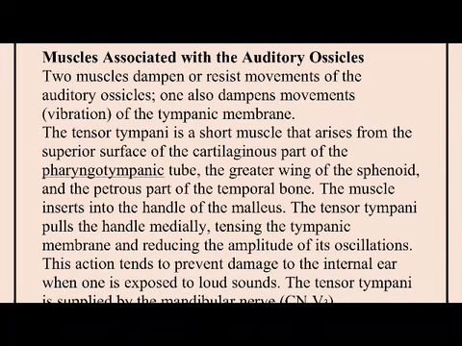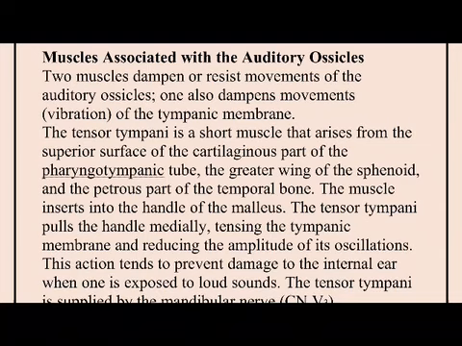This is a short muscle that arises from the superior surface of the cartilaginous part of the pharyngotympanic tube. It also arises from the greater wing of the sphenoid and the petrous part of the temporal bone. The muscle inserts into the handle of the malleus.